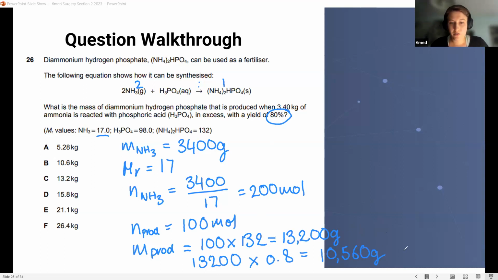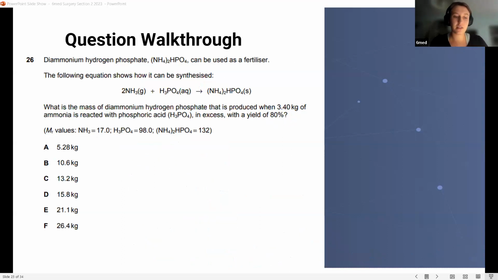We want it in 3 significant figures, so that would go to 10.6 kg. Yeah, 10.6 kg, giving an answer of B. So again, that's just about knowing the equations, kind of understanding the steps needed and applying them.